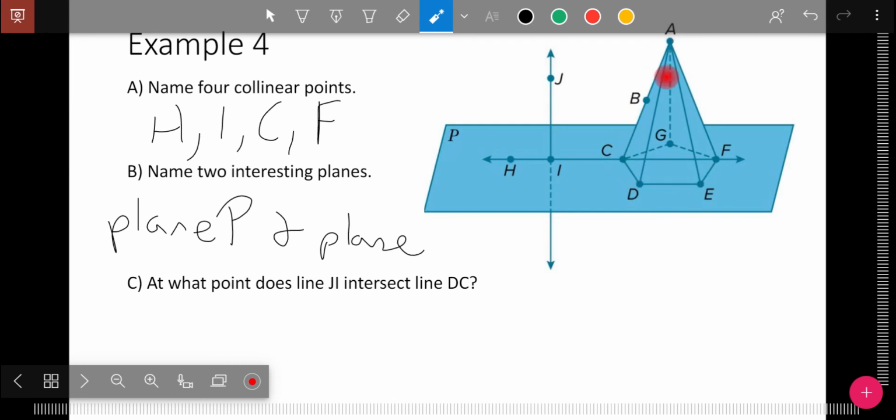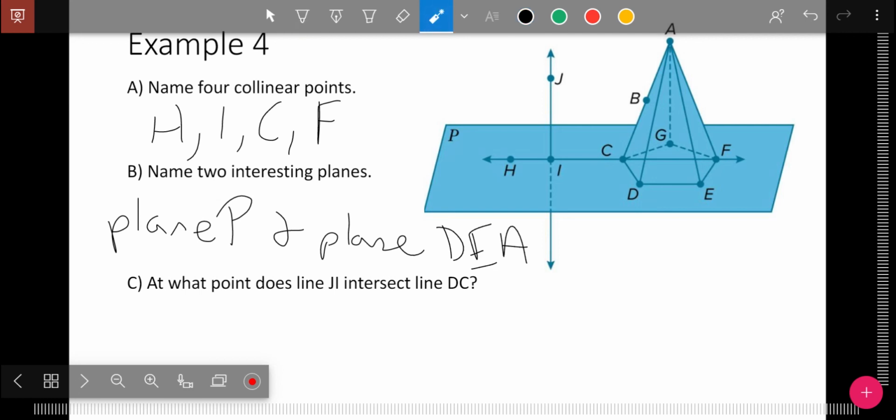So this front face hits this plane down here right at that line DE. That's where it's hitting that plane. And so this plane, DAE or DEA, intersects the plane P at the line DE, or line segment DE.